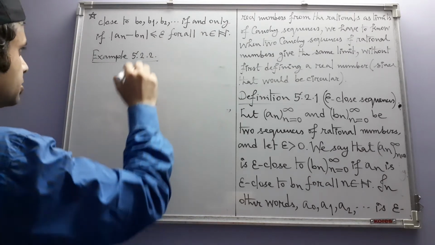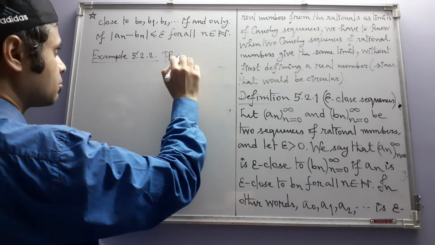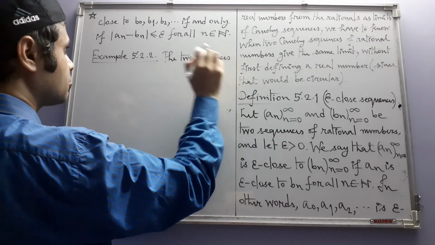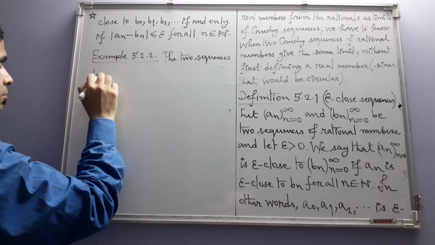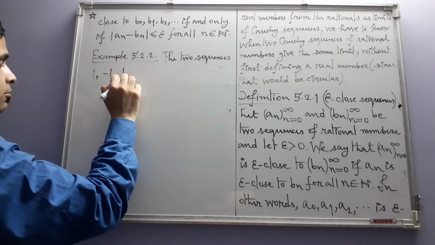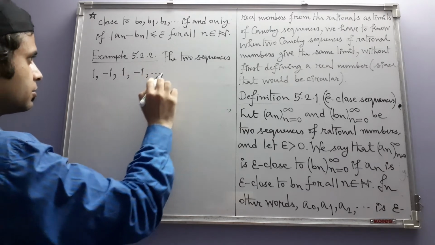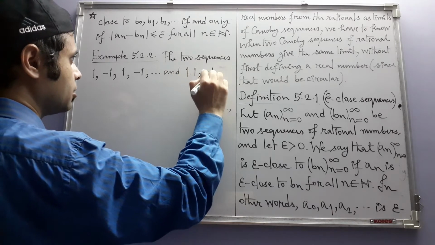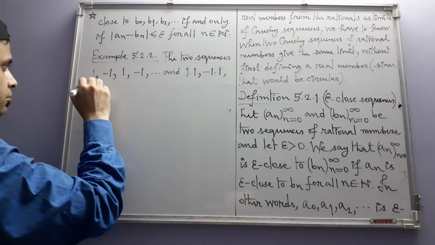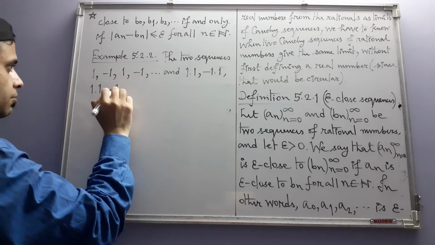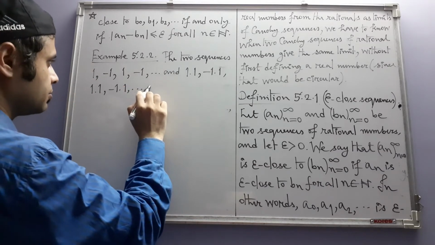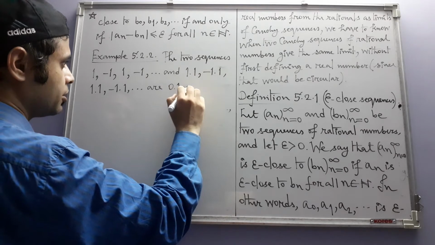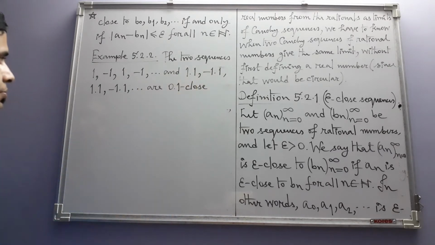The two sequences 1, 1, 1, etc. and 1.1, 1.1, 1.1, etc. are 0.1 close. Why?